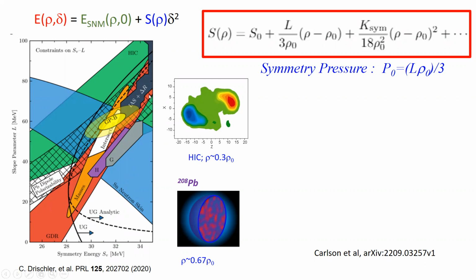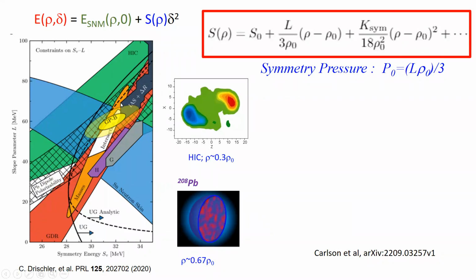You expand S(rho) around S0, and then L is the slope, K is the curvature. You can even go to higher terms. For our Bayesian analysis, we go higher for the Q and the Z, the third and fourth order.